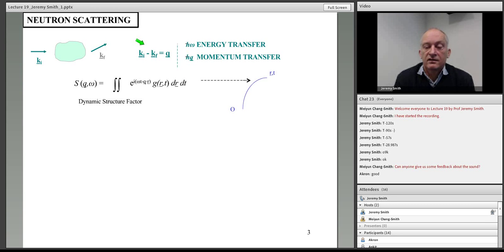I see it that neutron and X-ray scattering all depend on one function, called G of R and T. That is the Van Hove correlation function. What is it? It's the probability that if a particle is at position 0 at time 0, then it or a different particle will be at a position R at time t later.